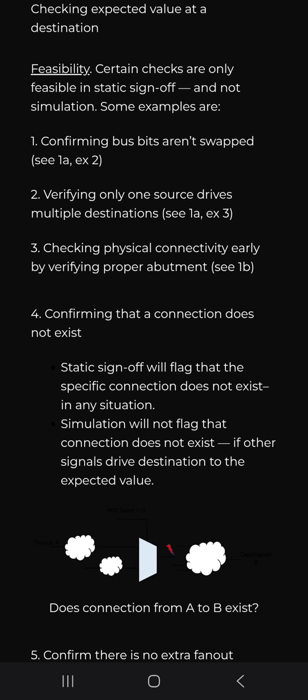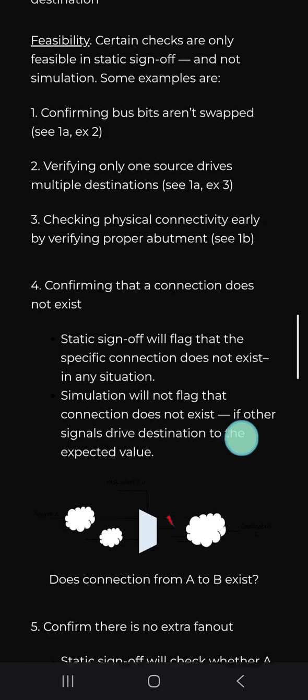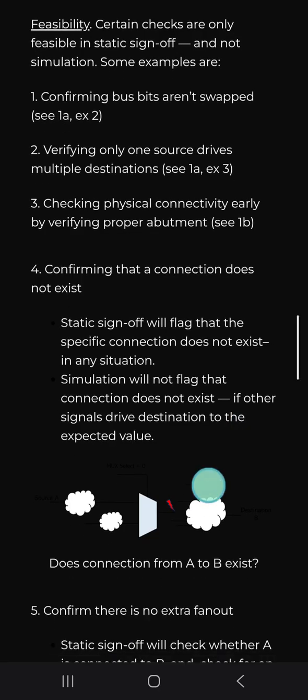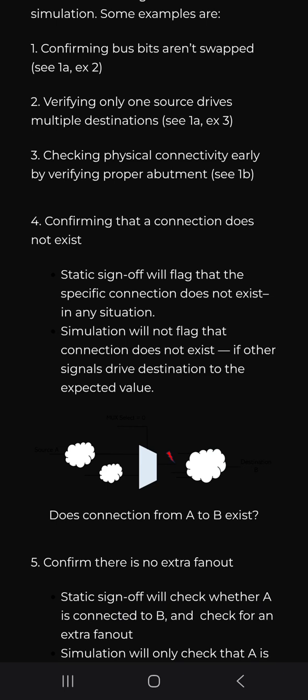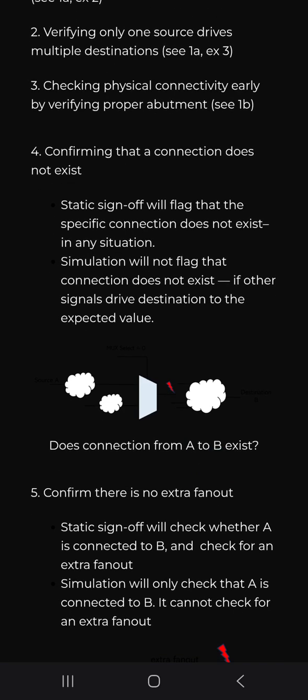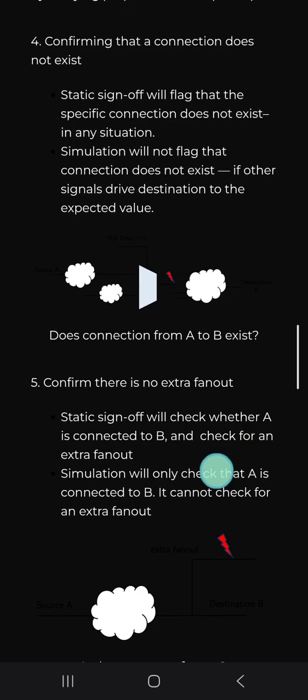Checking physical connectivity only by verifying the proper abutment, C1B. 4. Confirming the connection does not exist. Static sign-off will flag that the specified connection does not exist in any situation. Simulation will not flag that the connection does not exist if other signals drive the destination to the expected value.